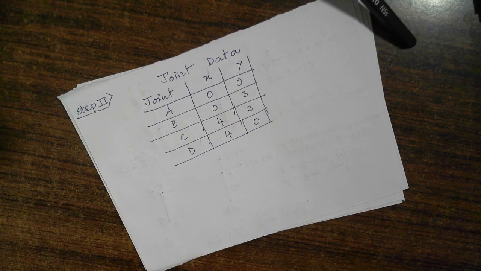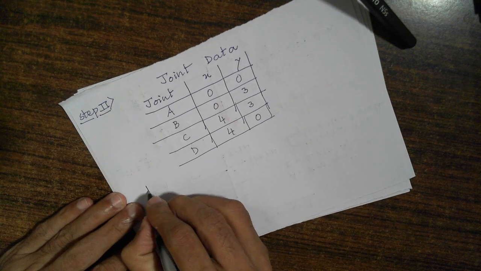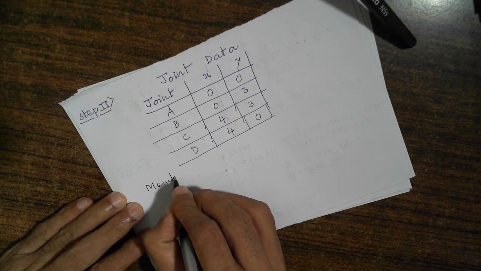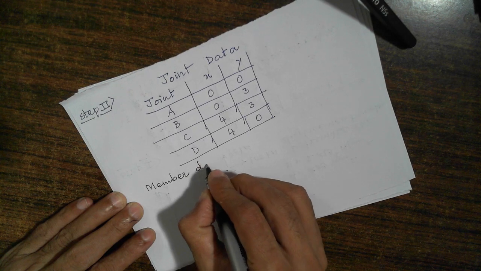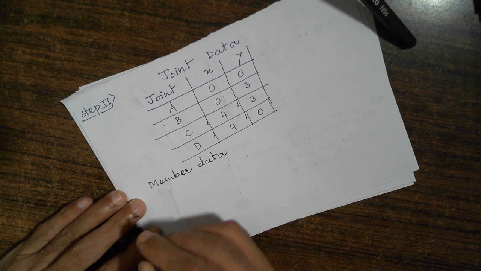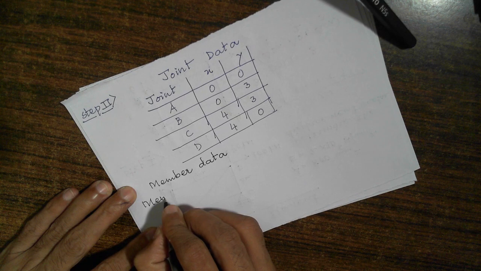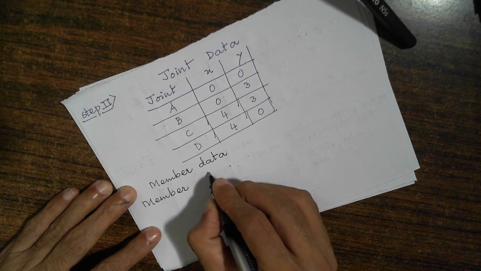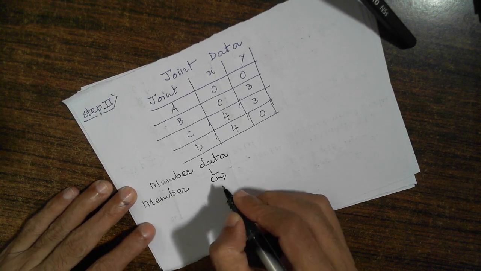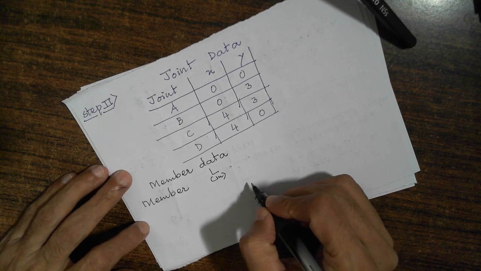Now next will be my member data. In member data the columns are member and length in meters. If area is different, I must mention the area column.